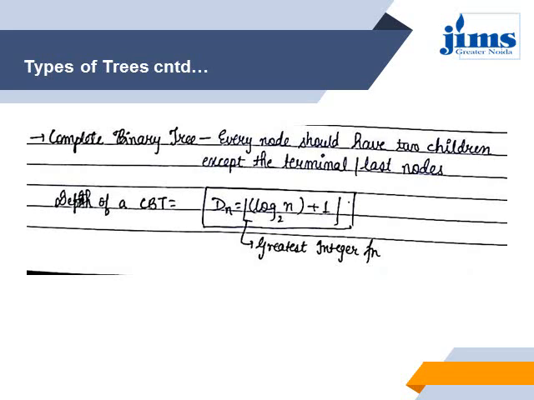That means at level 0 there will be 2 raised to the power 0, that is one node. At level 1, 2 raised to the power 1, that means 2 maximum nodes must be present. At level 3, there must be 2 raised to the power 3, that means 8 maximum nodes must exist. But this rule is not compulsory for the last level.